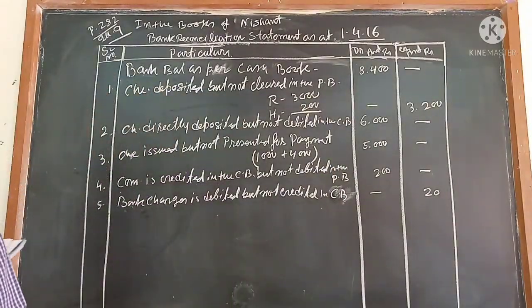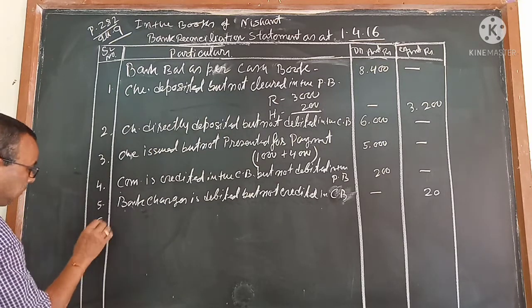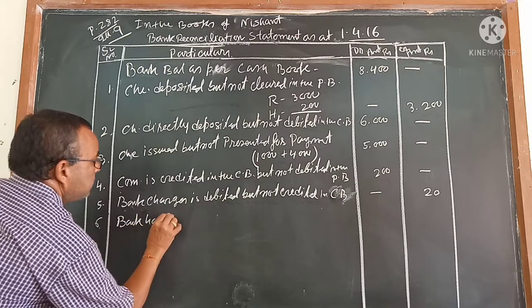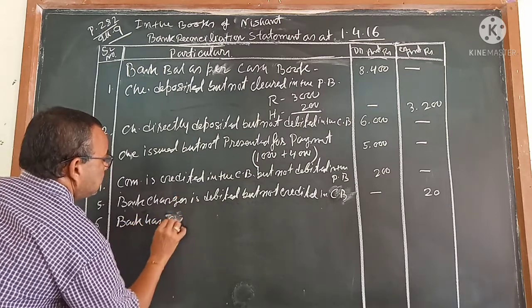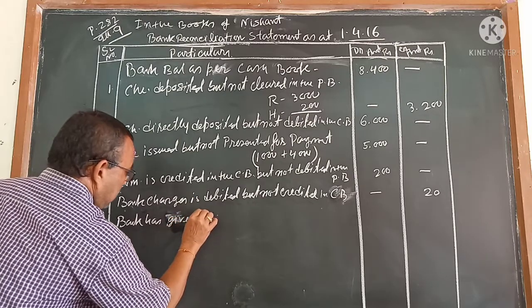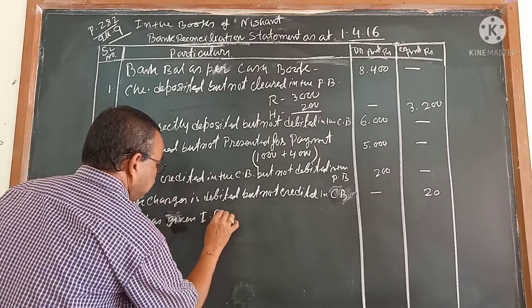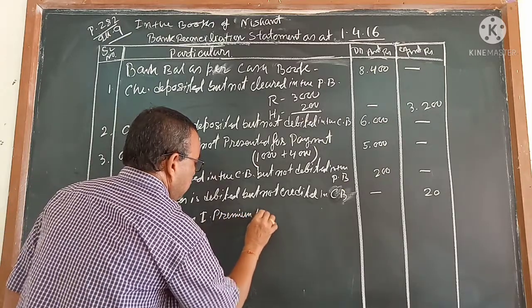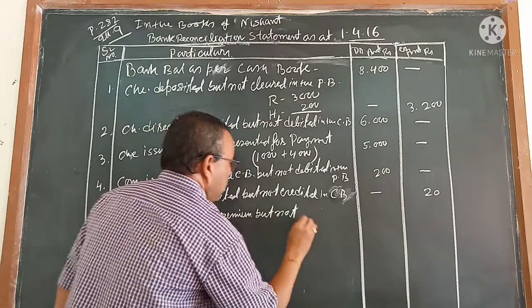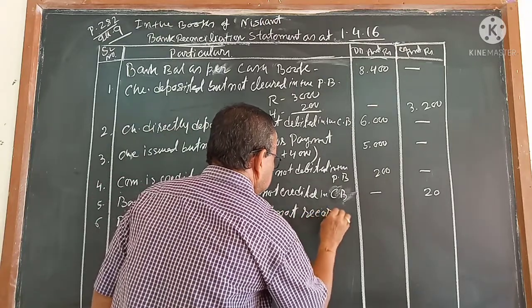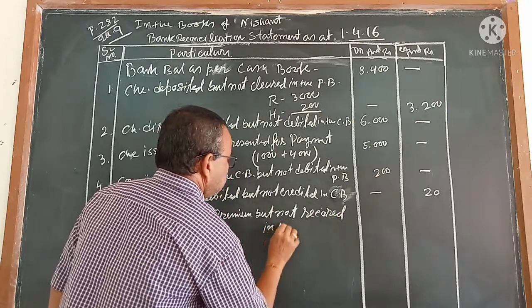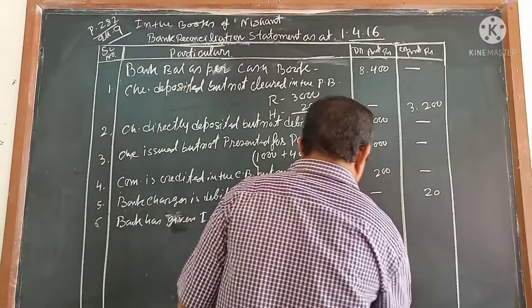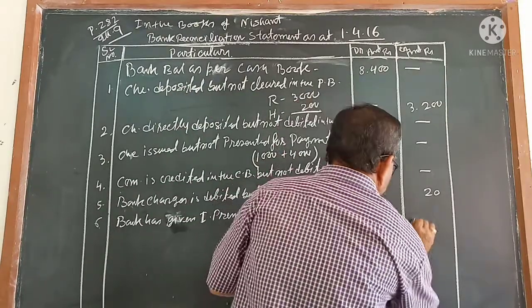Next is coming, the New India Insurance Company payment has been made. The bank has paid and given the insurance premium but not recorded in the cash book. Debited but not credited. How much? 10,000.